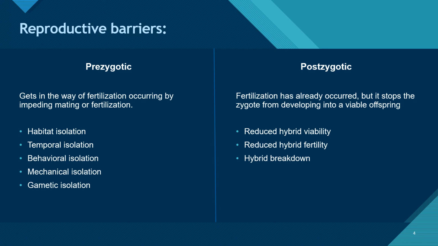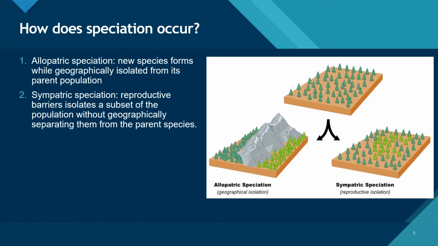It's not fertile anymore. And then hybrid breakdown is essentially when the first hybrid may be viable and then later generations may not be. So essentially meiosis fails to carry out. That's essentially what that is.